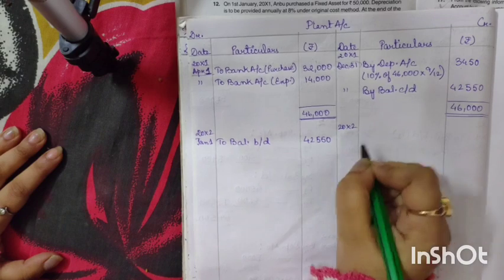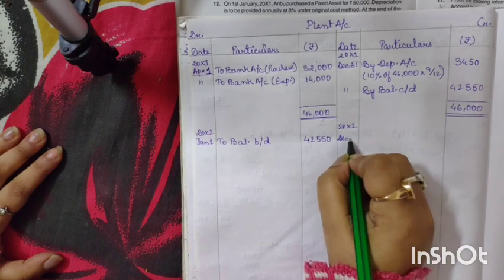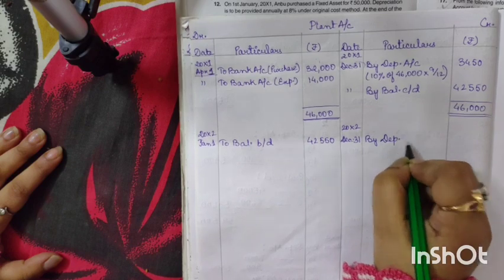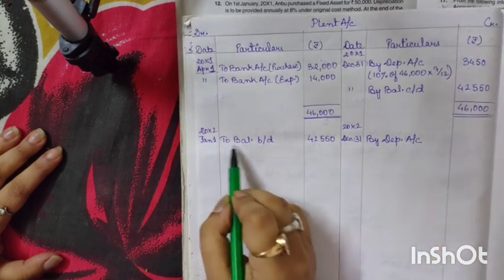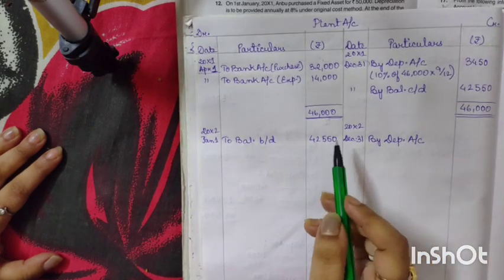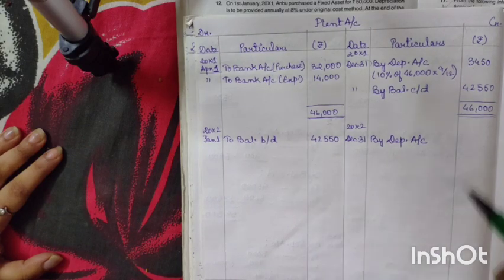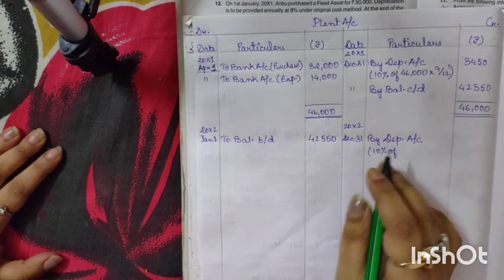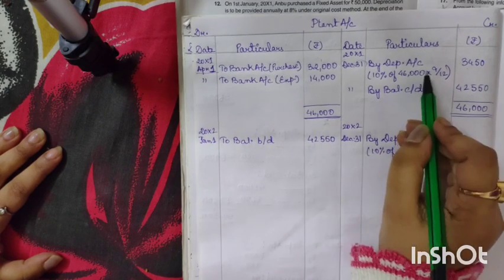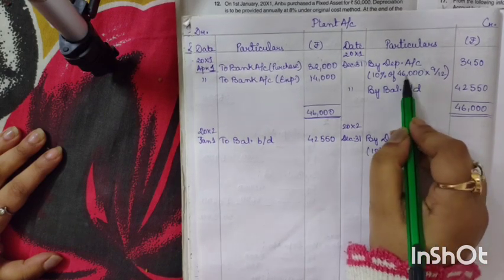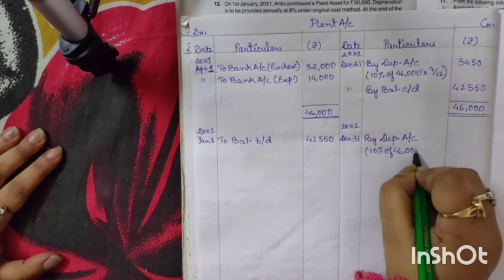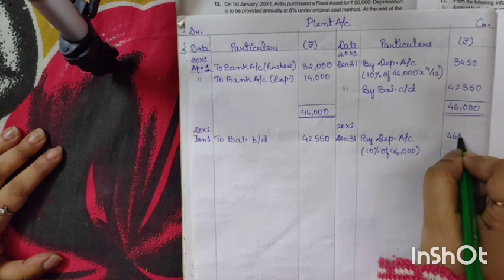Now in 2002, on December 31st, we have to charge depreciation for one entire year, since in the second year we have used the machine for one complete year. So 10% of, since we are following the straight line method, we will charge depreciation on its original cost, that is 46,000. So 10% of 46,000 will be 4,600.